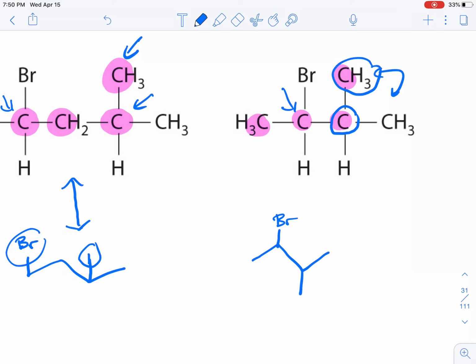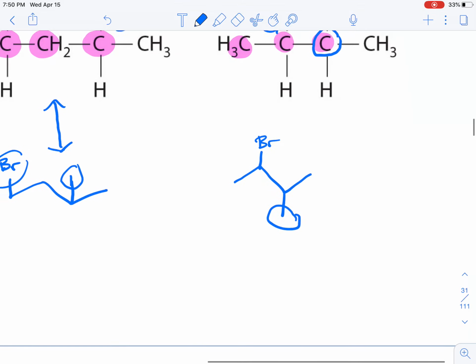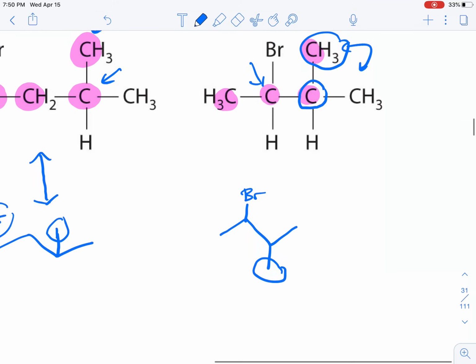In this example, I'm putting this CH3 at the bottom to demonstrate that you can place that methyl group up or down, but it just has to be on the same carbon. So for example, if you drew your skeletal structure in this form, that's also correct.